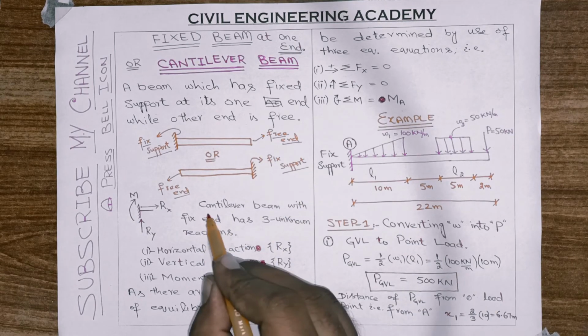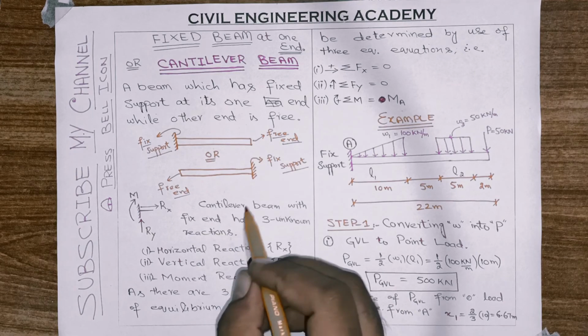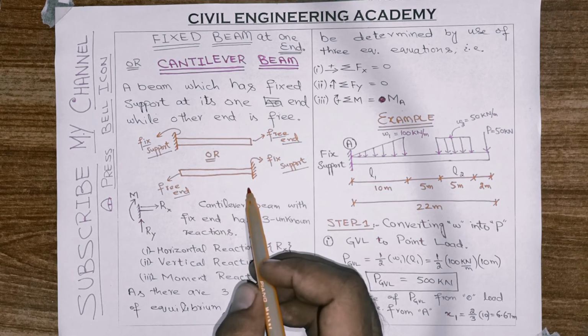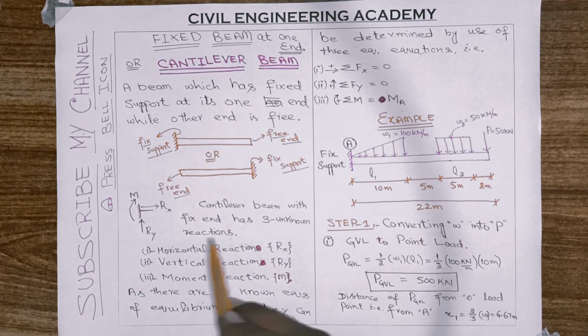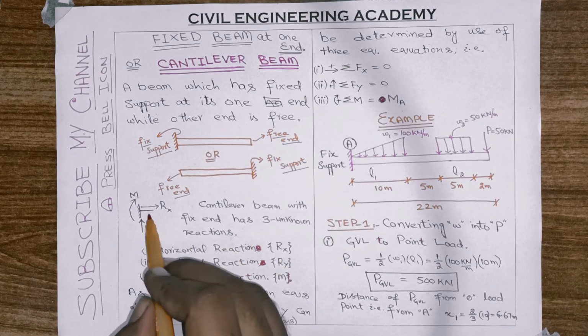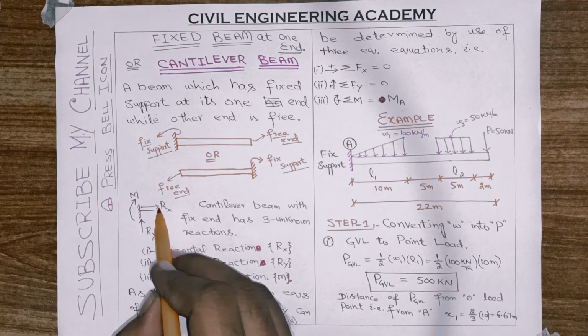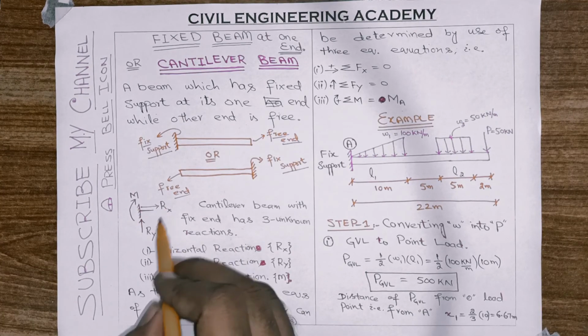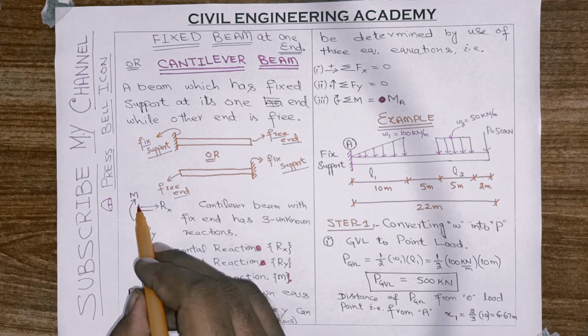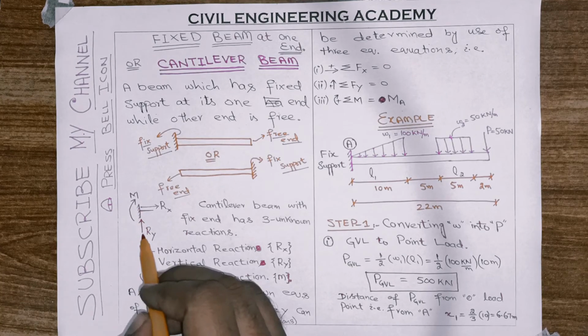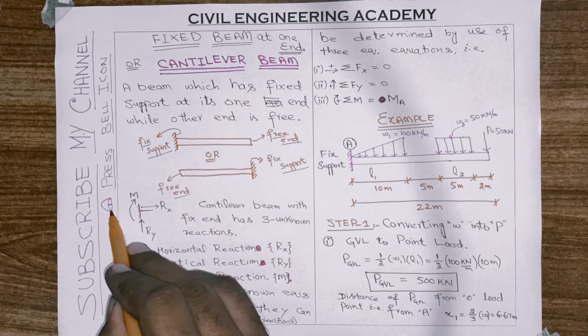So simply this is a cantilever beam. In a cantilever beam, because there is only one support, which is a fixed support, it has three restrictions or three unknown reactions. One reaction is Rx, which is in the horizontal direction. One reaction is Ry, which is also unknown, in the vertical direction, it may be upward or downward. This Rx may be rightward or leftward.